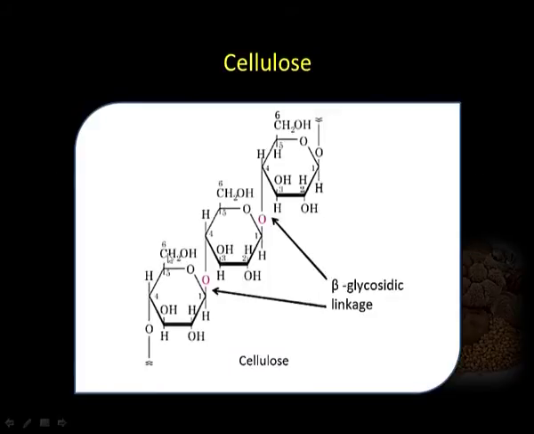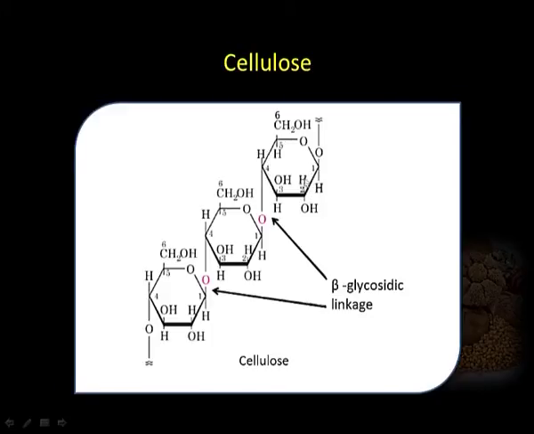Say this is one glucose moiety. Since it is in the beta anomer which is being used, the hydroxyl is upward, and it is linked to another glucose moiety, and it is the hydroxyl at carbon number 4 which is forming a bond with the hydroxyl at carbon number 1. Similarly, its carbon number 1 is forming the bond with the hydroxyl at carbon number 4 of another glucose moiety.